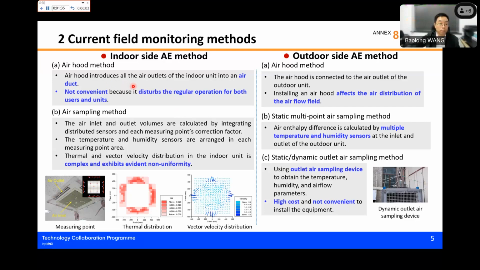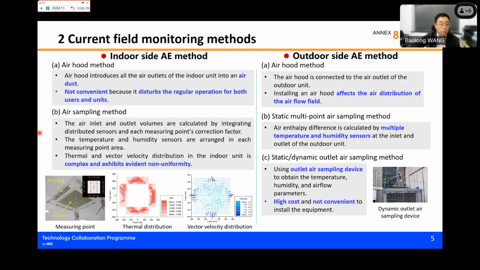We can calculate the indoor heat exchange. But what are the drawbacks of this method? If you cover an air hood at the outlet of the indoor terminal, you will disturb the regular air distribution of the indoor unit. So that makes the real performance may be different from the tested result.